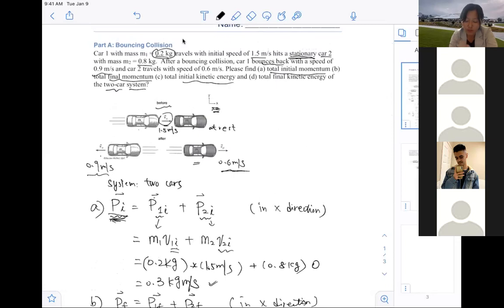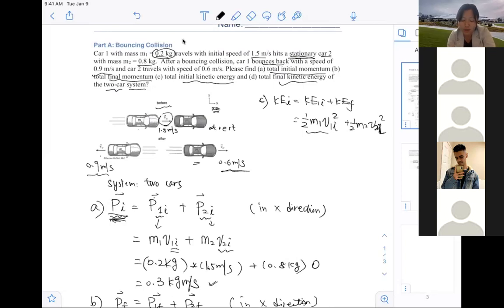For kinetic energy, initial and final kinetic energy, okay, so let's do part C together. So kinetic energy initial is again the first cart plus the second cart. First cart is 1/2 m1 v1 initial squared. So here I'm simply using the definition of what a kinetic energy is.